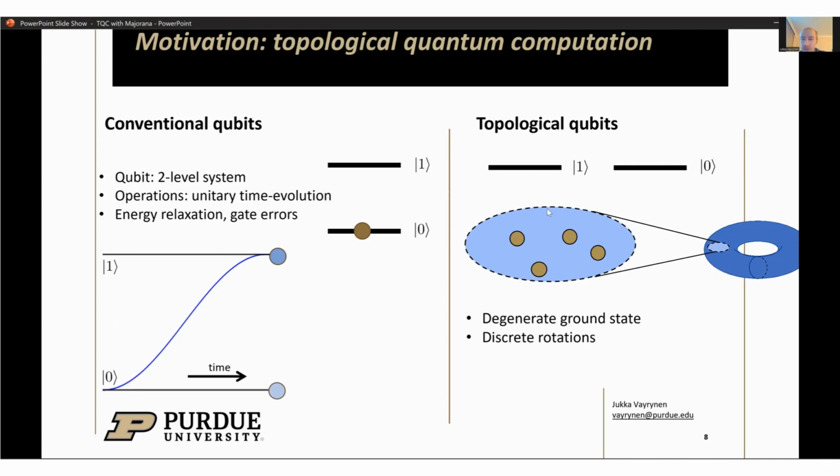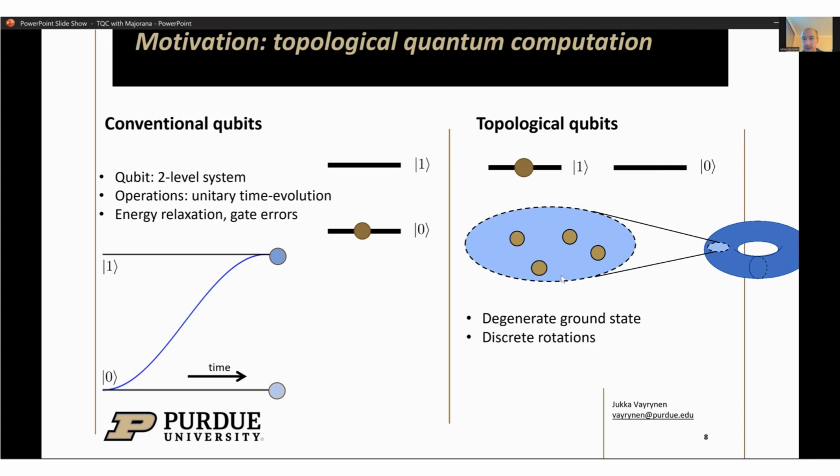Now, how to do qubit operations in this? Well, it turns out that in certain non-abelian topological phases, if you can move these anionic excitations and you can braid them, so you move them around each other, you can implement discrete rotations in this ground state manifold. So for example, we can go from the 0 state to the 1 state. And this is nice in two ways. First, you can do qubit rotations now.